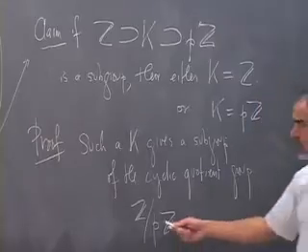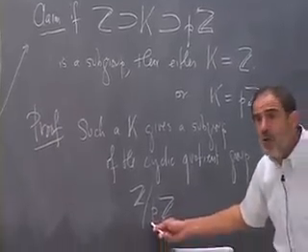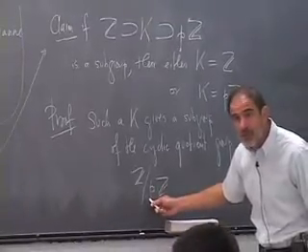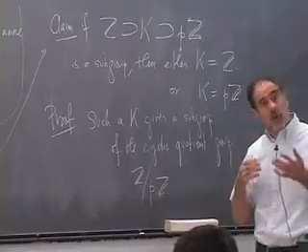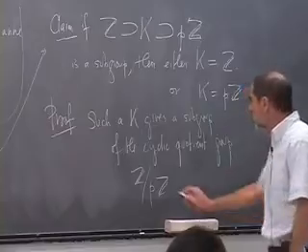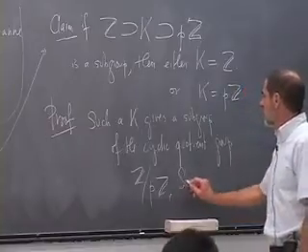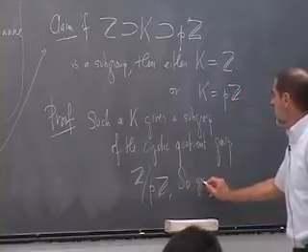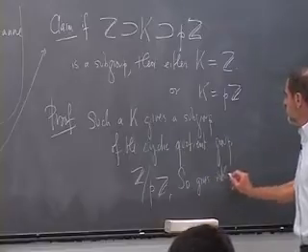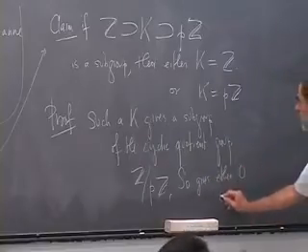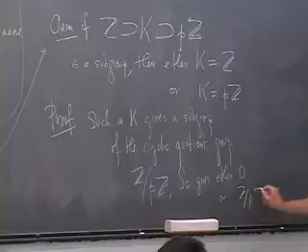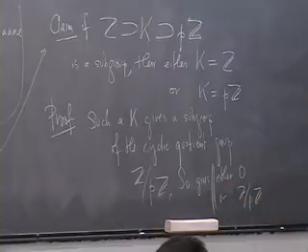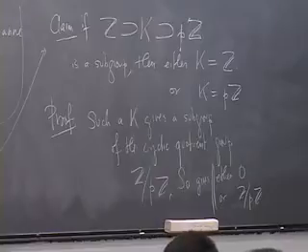We showed that a group of prime order has no non-trivial subgroups, right? Because the order of a subgroup divides the order of the group. So it gives either the zero subgroup or the entire group. That was by our result about groups of prime order. They had no non-trivial subgroups.